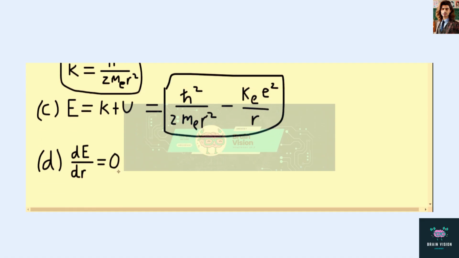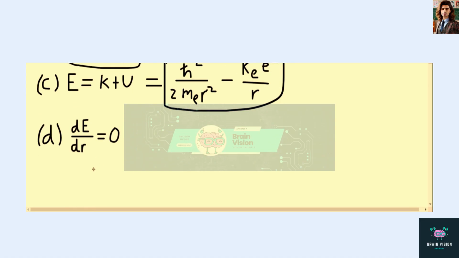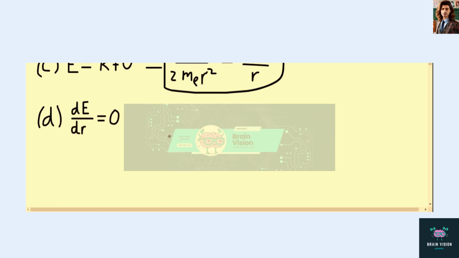In part D, to find an expression for r at the minimum, dE/dr is equal to 0. That's the first thing we're going to recognize. So then we can take the derivative of E, the expression we just found above, with respect to r, set it equal to 0, and solve for r.